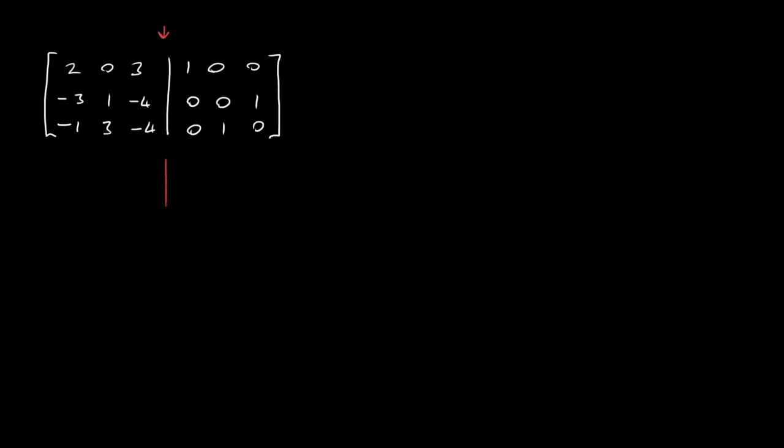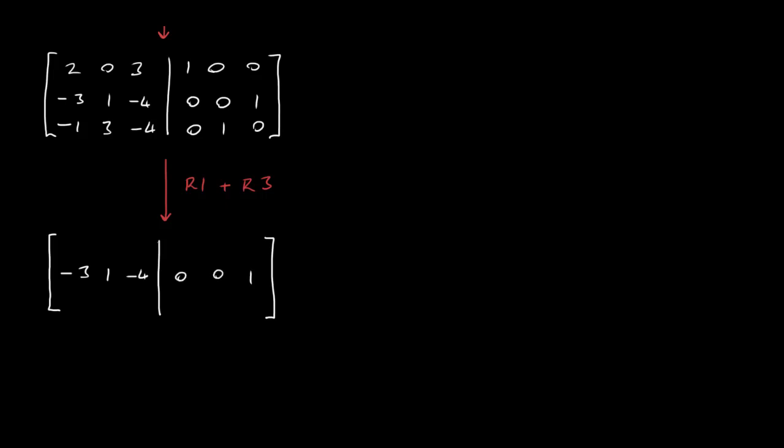In the next step I'm going to take row 1 and add row 3 to it. So let's do that. I'm going to leave row 2 where it is, so row 2 is still going to be -3 1 -4 0 0 1.